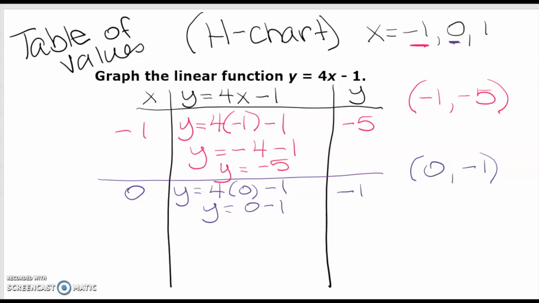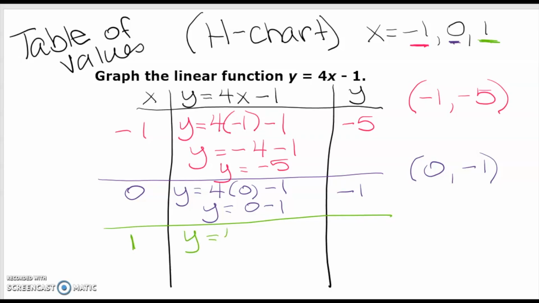Okay? Now I'm going to find a third, and I'll explain when I draw my graph why I want 3 ordered pairs. 2, I could do it, but I won't catch a mistake. With 3, if I made a mistake, I will catch it. So the last value I'm going to plug in is a +1.